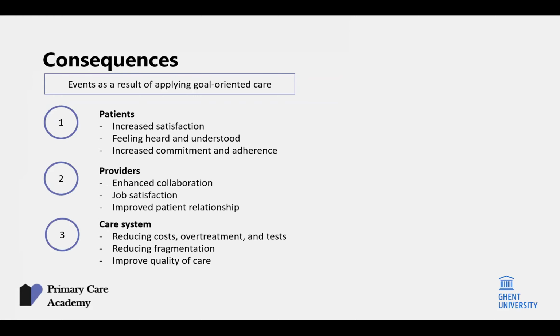And if I go on with the consequences, there are not only antecedents that have to be fulfilled. For goal-oriented care, there are also some consequences and results, you can say, after applying goal-oriented care, on the level of the patients, providers, and the care system. If we go on for the patients, we see that we expect more patient satisfaction, because the values, preferences, knowledge, and opinions are more heard, leading to the feeling of being heard and understood from the patient side.